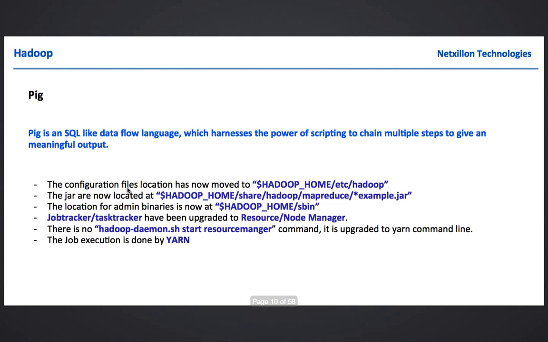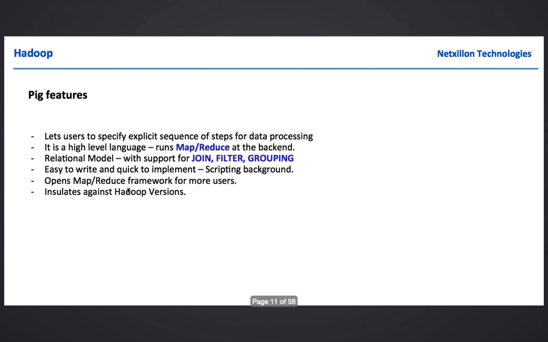So Pig was developed with that intent, that system admins who might not be very well versed with Java can leverage the Hadoop platform and not bother about how MapReduce runs. So what Pig is, is a data flow language which harnesses the power of scripting to chain multiple steps to give a meaningful output.